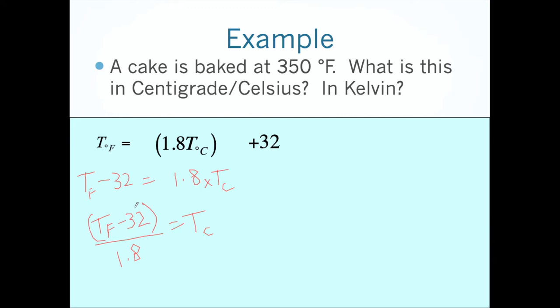If you plug this into your calculator without doing this first, you will get the wrong answer, because if you just took the temperature in Fahrenheit, divided by 1.8, minus 32, you would only be dividing one term by 1.8. Something to keep in mind there.